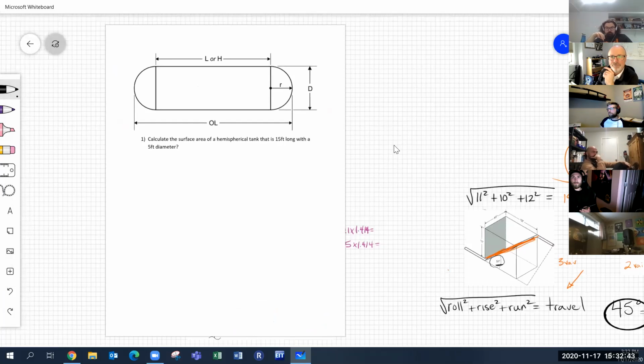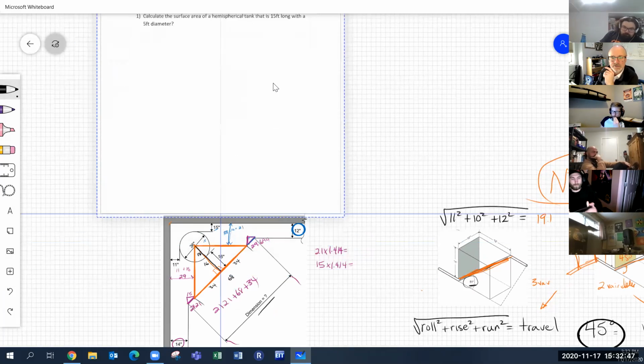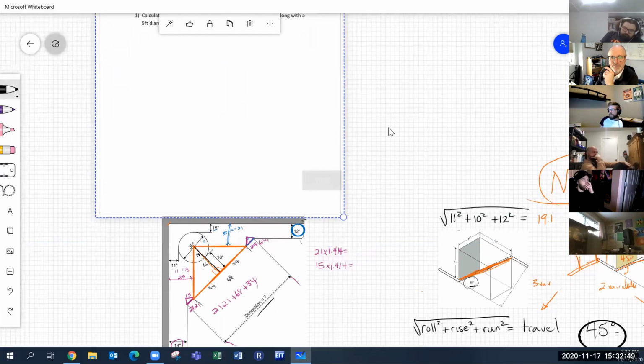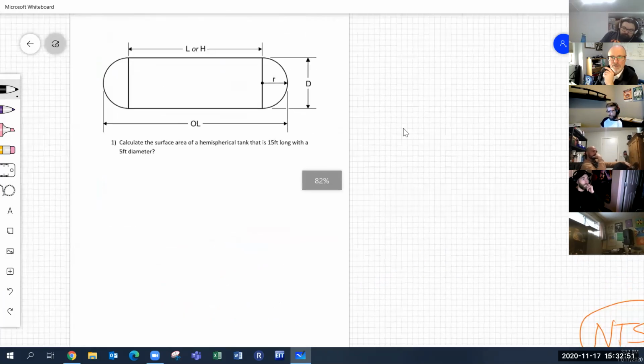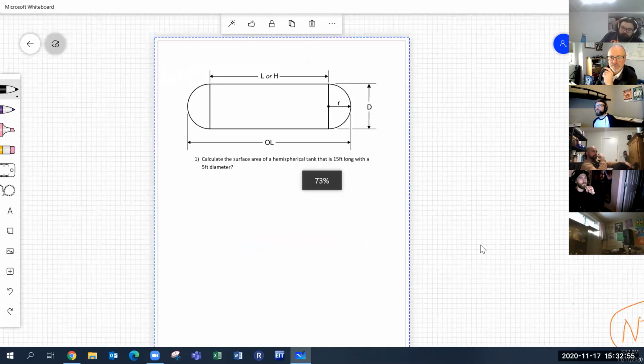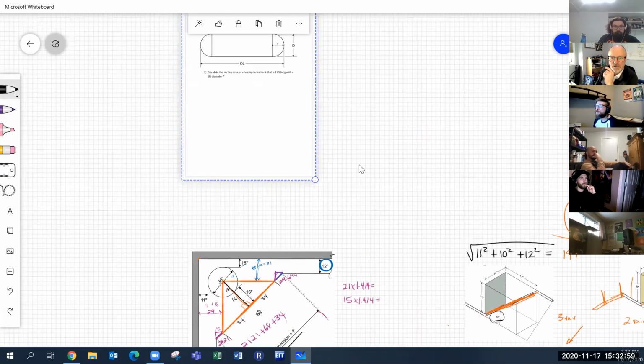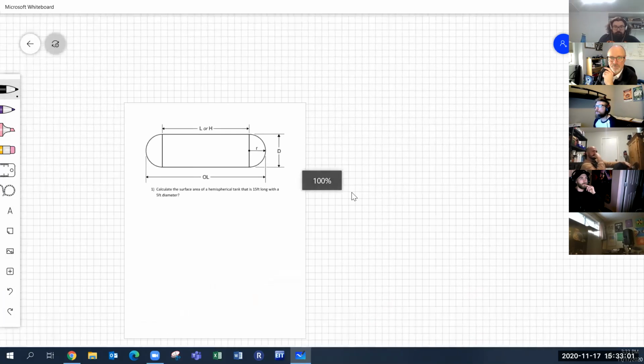There you go. Okay, so we have this document. It's a little big right now. Let me just shrink this down. There we go. Now I can zoom in.